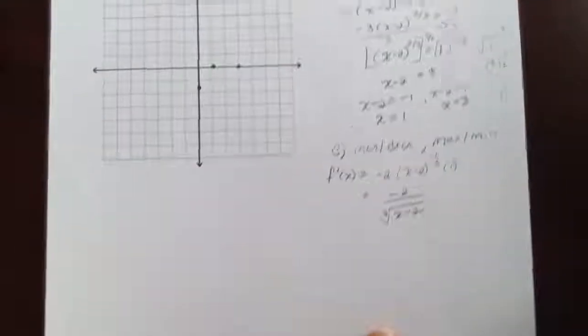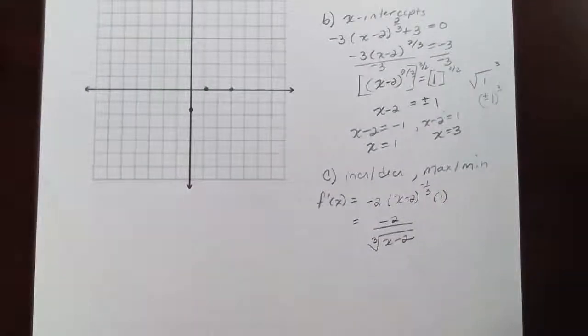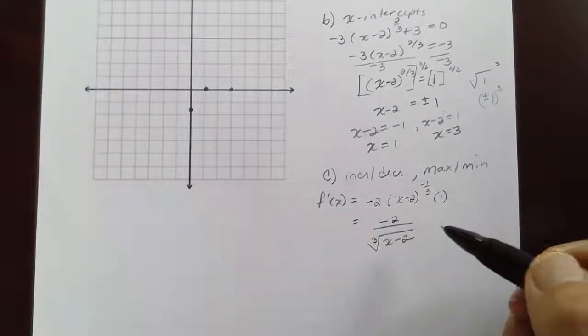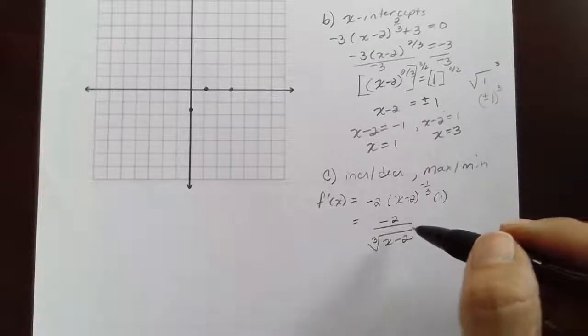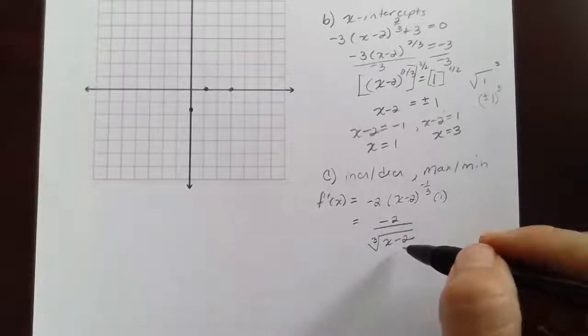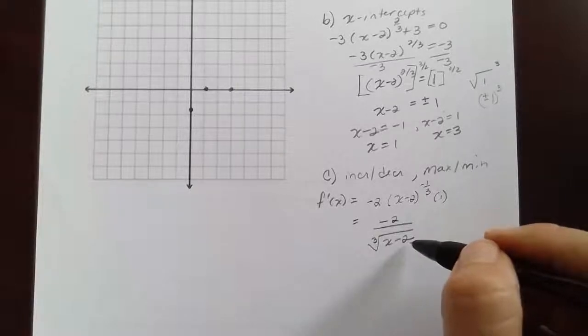So we either have to figure out where this equals 0 or where it doesn't exist. And for this particular case, it does not equal 0 ever.